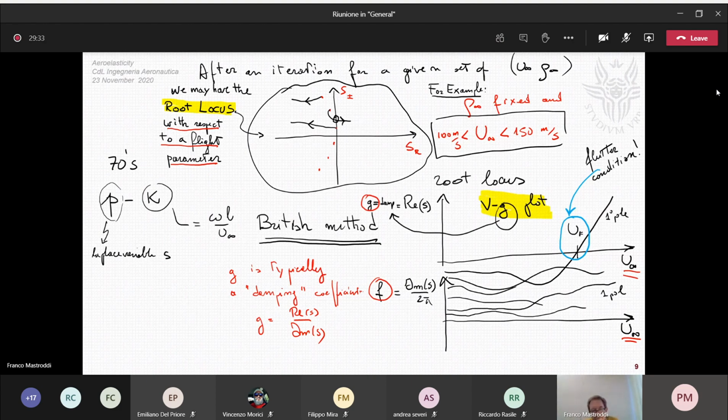And this is something similar to what happens in the standard damped vibration of an elastic system.